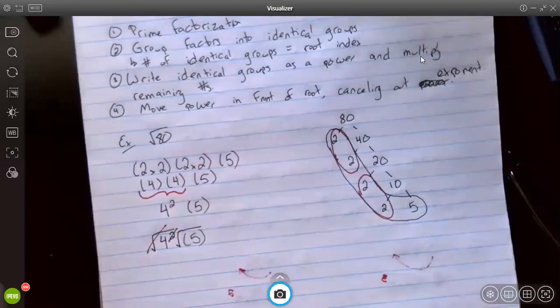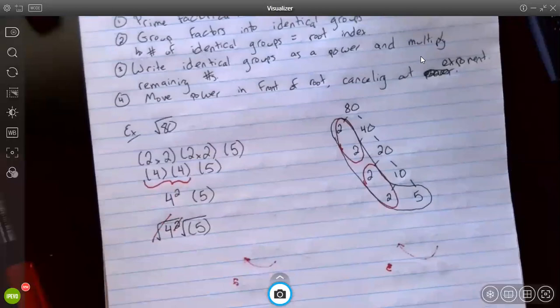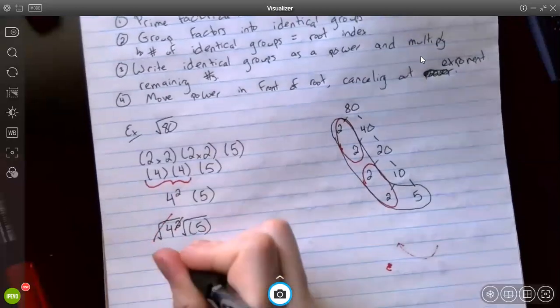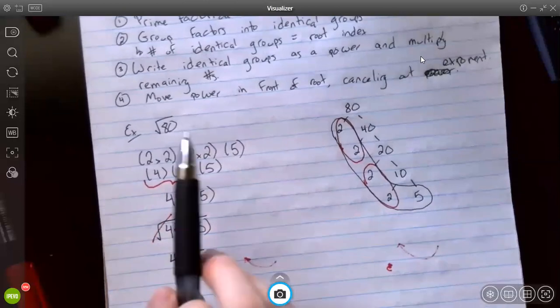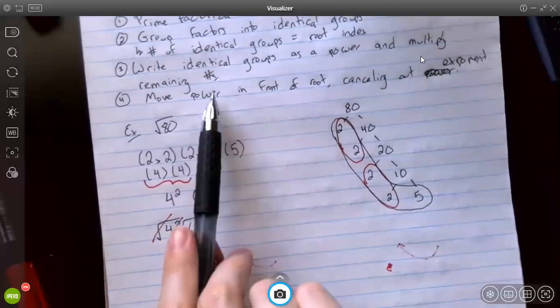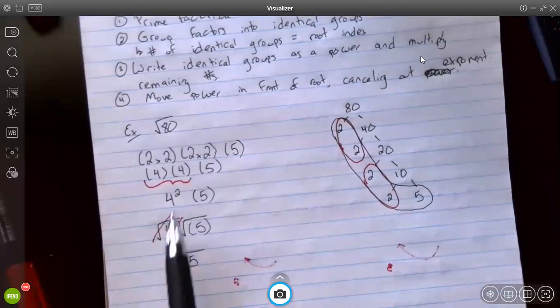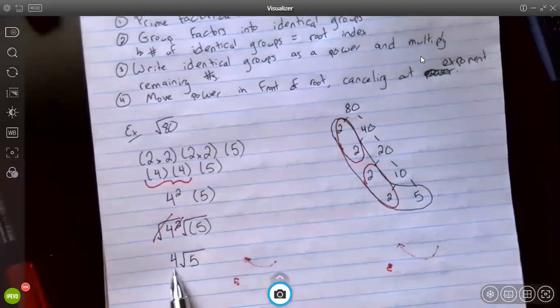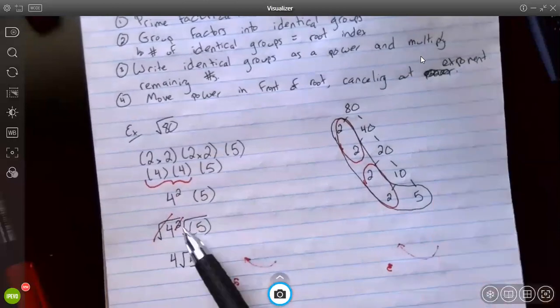And so I am left as my final answer with my 4 root 5. So the power, my 4 squared, is now in front of the root, and the exponent has been canceled out.